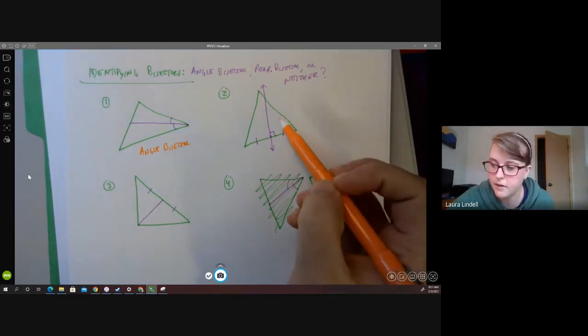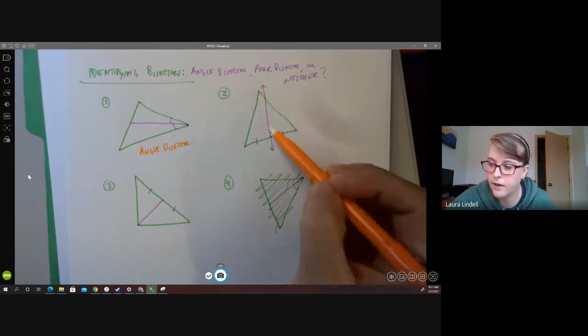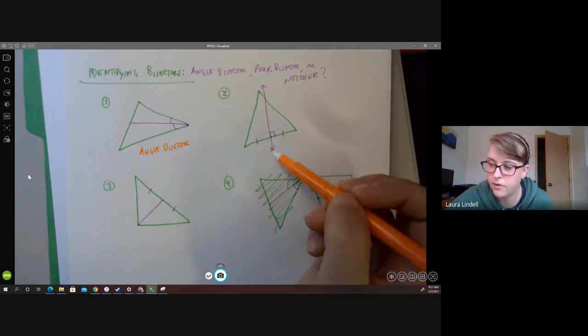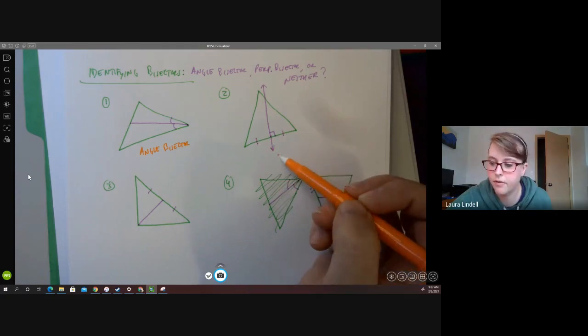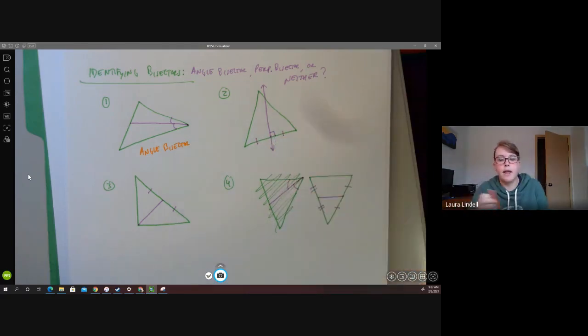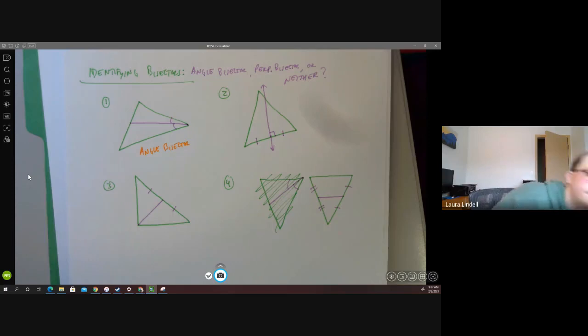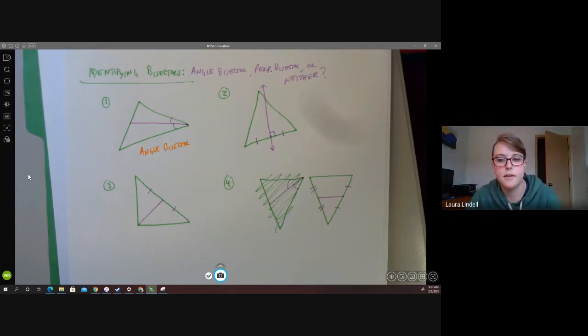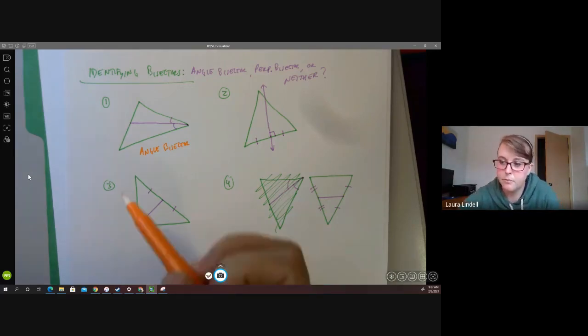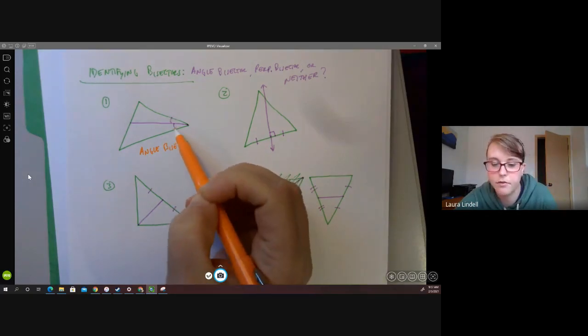What about this one here? We've got a line and it's going through this triangle. It's cutting one of the sides in half. And we've got a right angle right there. What do we think for that one? Well, we know it's not an angle bisector because an angle bisector looks like this where it's cutting an angle in half.